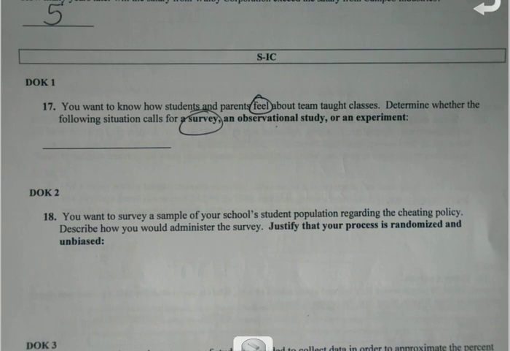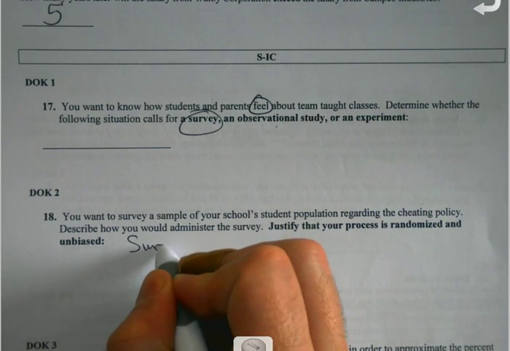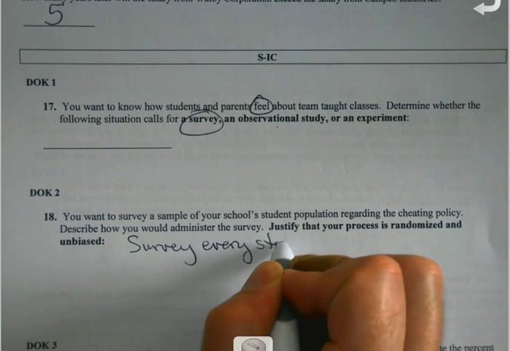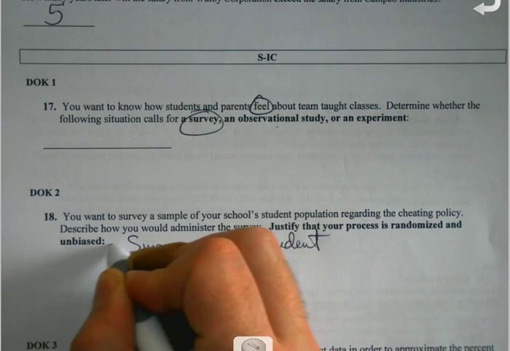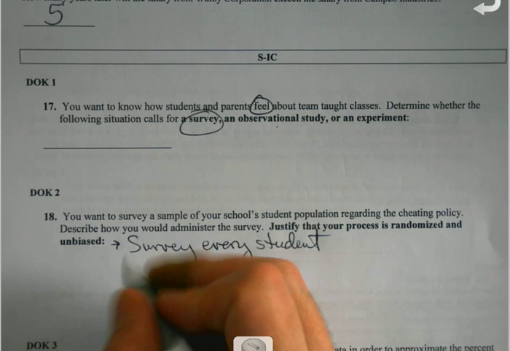So if I wanted to do a survey on cheating, how do I go about finding my people to ask? There's lots of options. We could survey every student. What if we didn't have time to get to all of them? What would be another option? Okay.